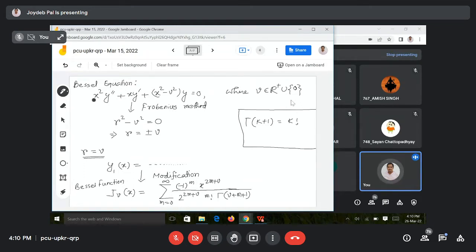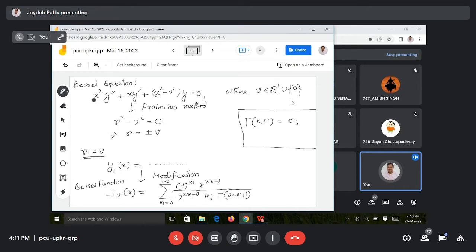But can we write gamma of nu plus m plus 1 equal to nu plus m factorial? The answer is no. Why? We don't know the value of nu. If nu is any fraction, gamma of some fraction we cannot write in factorial notation, right? Okay, sir. If nu is an integer, then we can write it as nu plus m factorial.